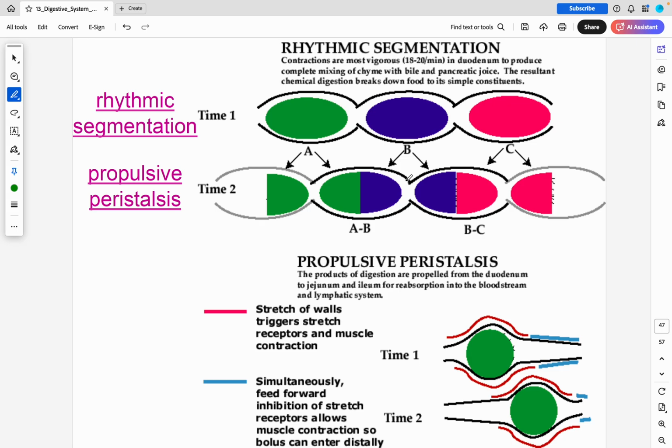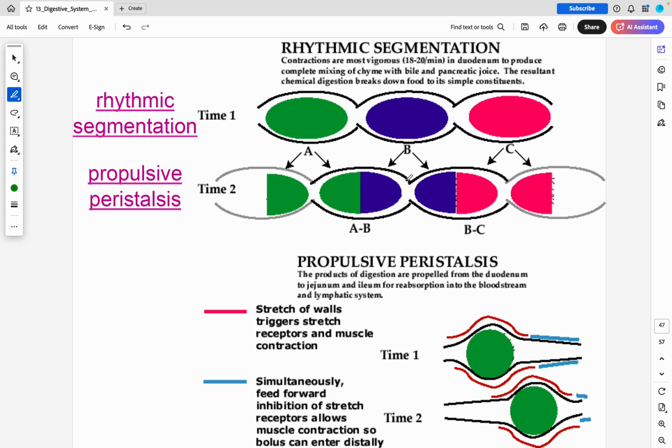Propulsive peristalsis, on the other hand, propels the products of digestion from the first segment of the small intestine down to the mid and last sections, where absorption of the food material takes place, transferring nutrients to the bloodstream and the lymphatic system.